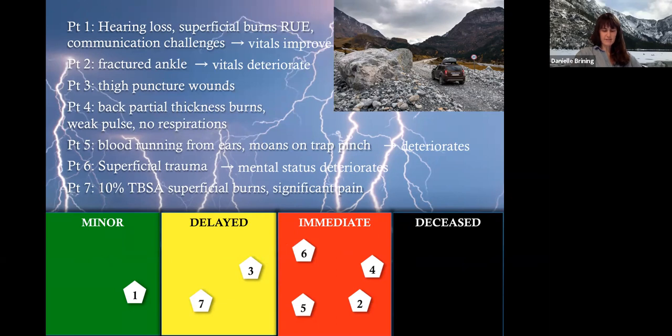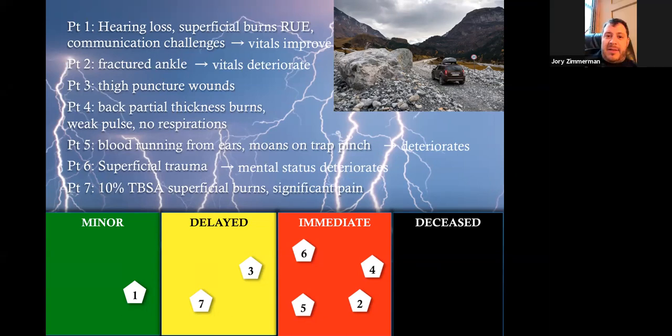Okay. And now transportation arrives. We have a BLS ground ambulance that arrives first with a 45-minute transport, and an ALS air ambulance arrives second with a 12-minute transport. So what order do we want to treat and transport these patients? Who's going first? Well, the people in immediate are not going with the BLS ambulance.